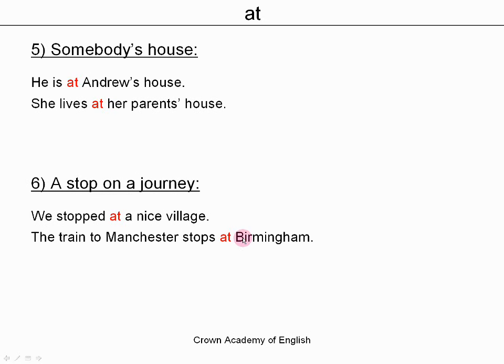So this is the only time when we are talking about towns and cities that we use the word at. Okay, and we will see the other preposition that we use for towns and cities later in the lesson.